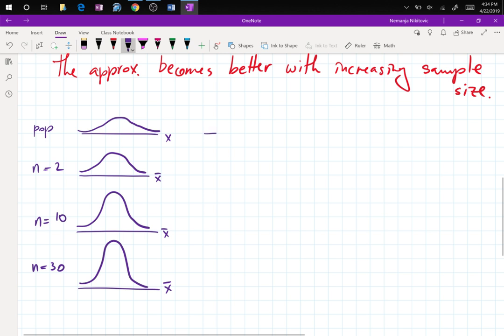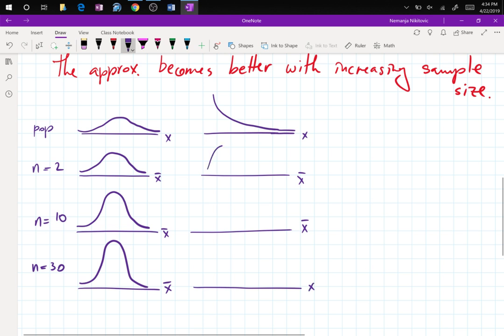That was a theorem before, and it was no surprise. But then, if you have a reversed J distribution on your x, it is interesting to see what happens with x bars. So this becomes right skewed, and then you have an almost bell-shaped curve, and then you have a bell-shaped curve for n equals 30.